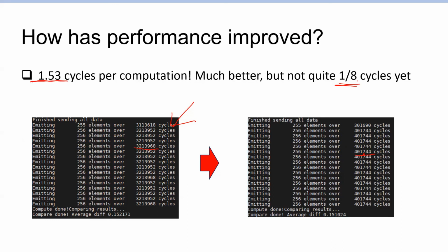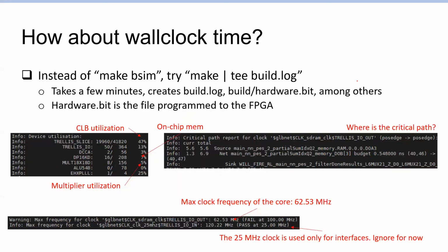Right now we only know the cycle count for performance, but what about wall clock time? If you want to know the wall clock time, the real world time performance, instead of typing make bsim, you can try the make pipe t build.log command. Bear in mind, before you actually do this, you have to build some tool stuff.